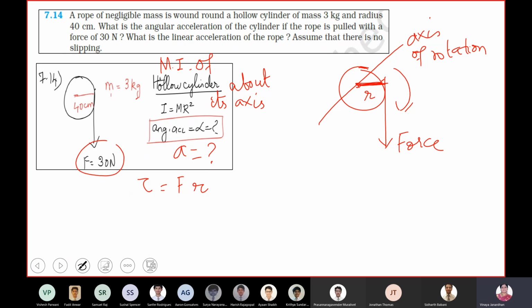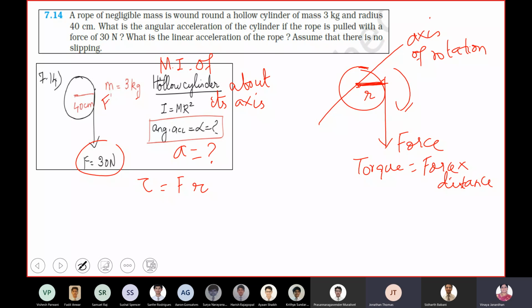This is the point of application of the force. From the force, how far is your axis of rotation? So torque tau is always equal to force into the distance. Here the distance becomes equal to the radius. Can you imagine, boys?